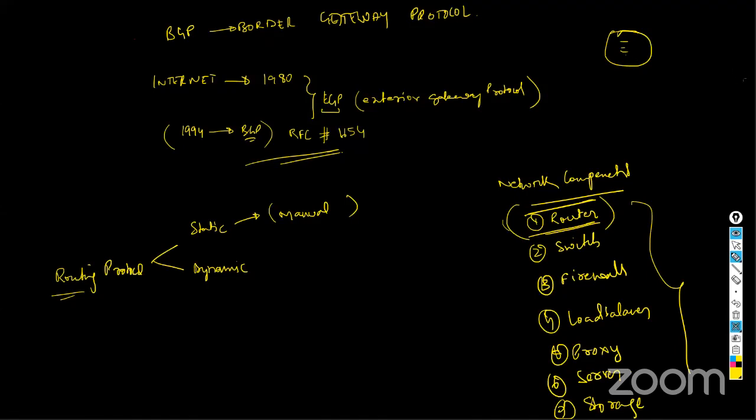Let's say I have two routers connected next to each other with an RJ45 cable or an Ethernet cable. How are they going to communicate with each other? How are they going to say hello to each other? So they need a communication protocol, right? And that's called a routing protocol.